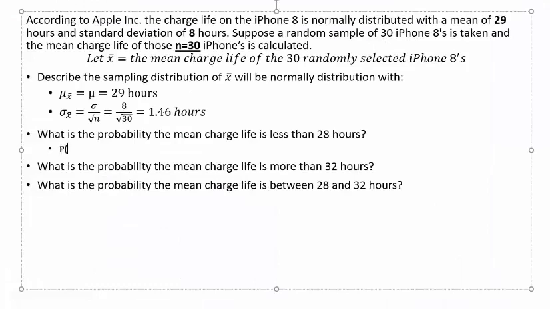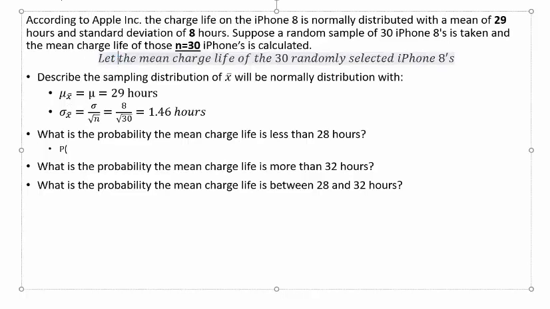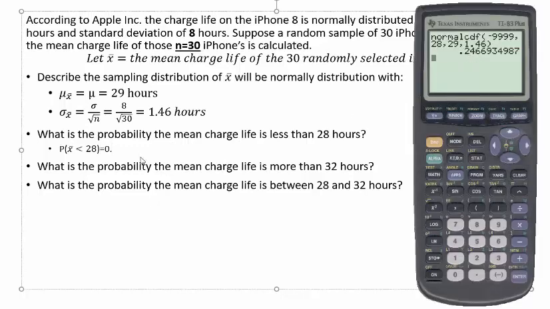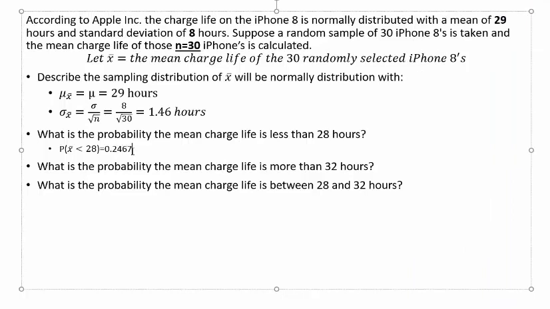So the probability that x bar is less than 28 is equal to 0.2467. Just like that.